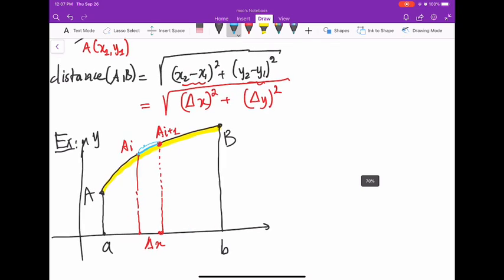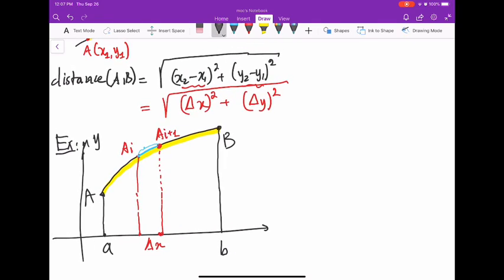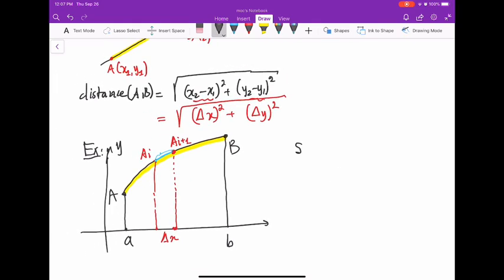On this subinterval, S_i, meaning the distance between A_i and A_(i+1), is the square root of what? Of delta x_i squared plus delta y_i squared, because we are considering this interval x_i and x_(i+1), right?